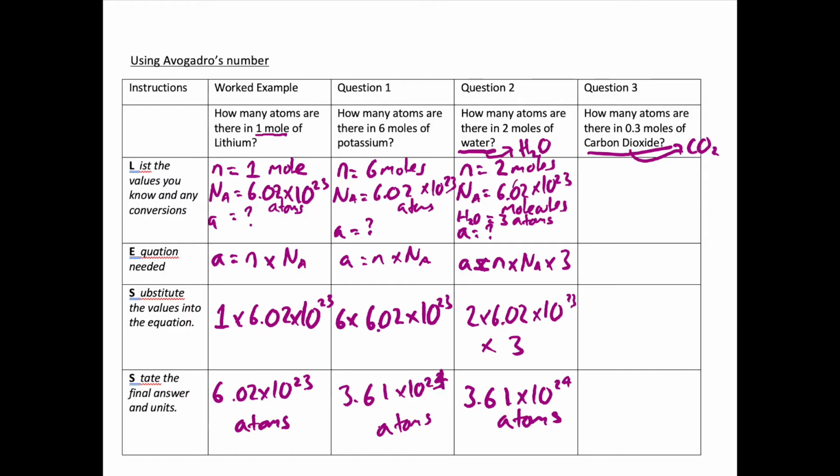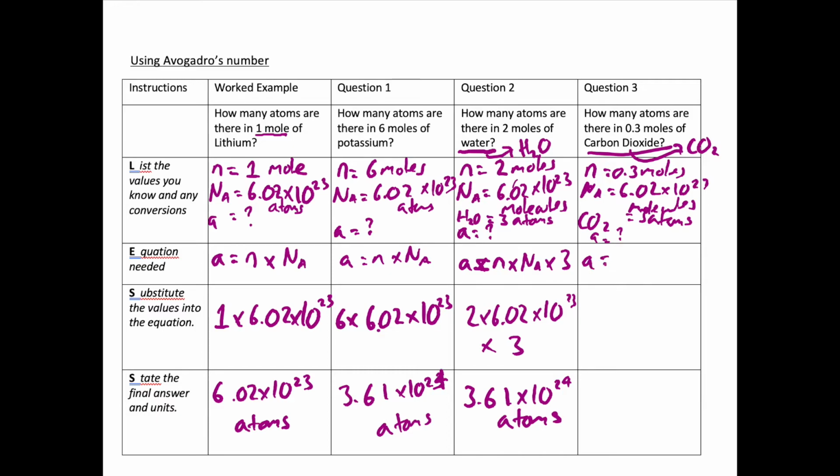Pause the video whilst you have a go at question 3. So question 3, we have 0.3 moles. Our Avogadro's number is in molecules. And CO2 also is 3 atoms in that one molecule. We've got 2 oxygens and 1 carbon. And again, we're after our number of atoms.